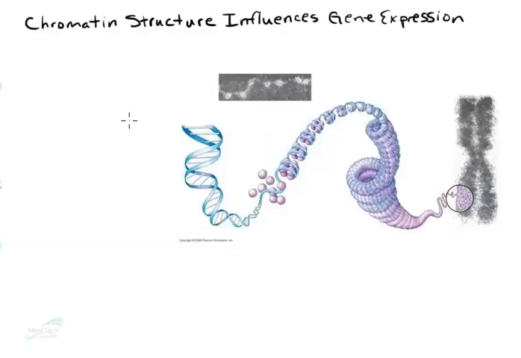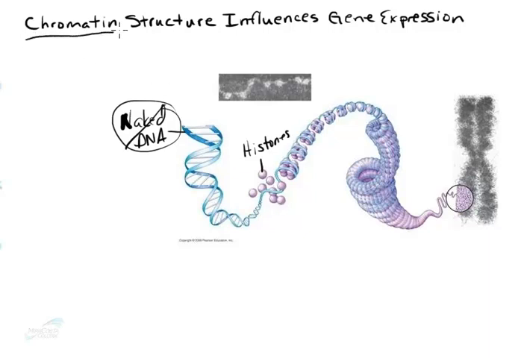So as we've discussed previously in this course, we don't actually ever see DNA in this double helical form by itself, what I call naked DNA. We never see that within the cell nucleus. Instead, what we see is DNA that is found in complex with proteins called histones to form this physical structure that we call chromatin.